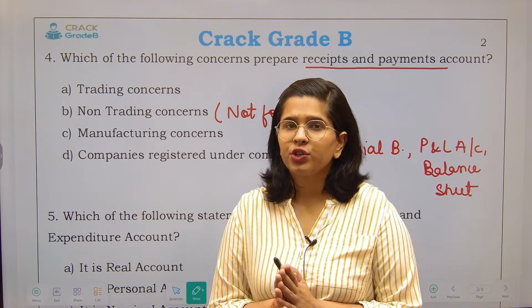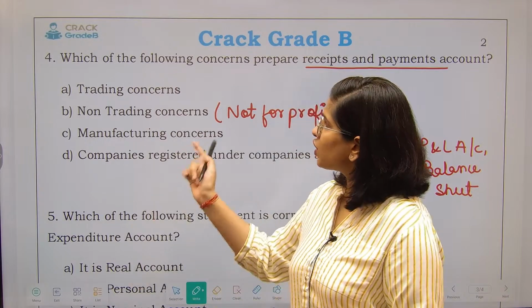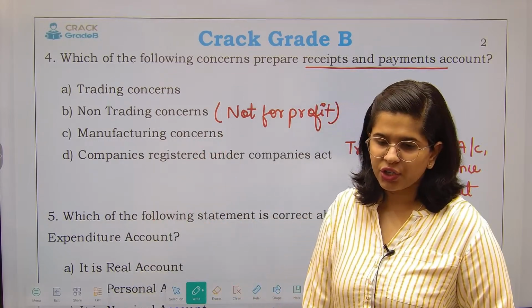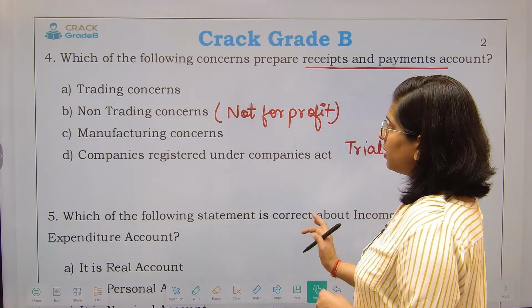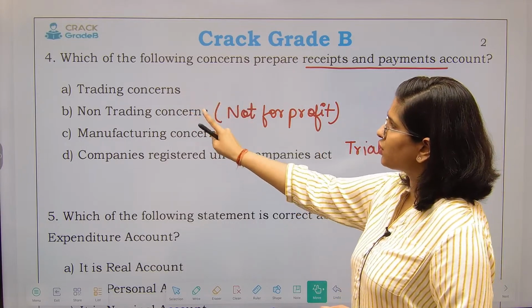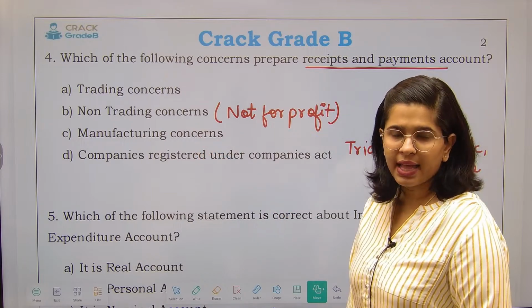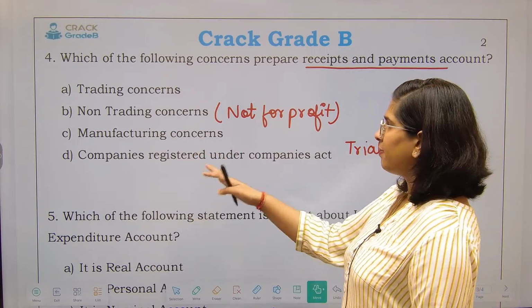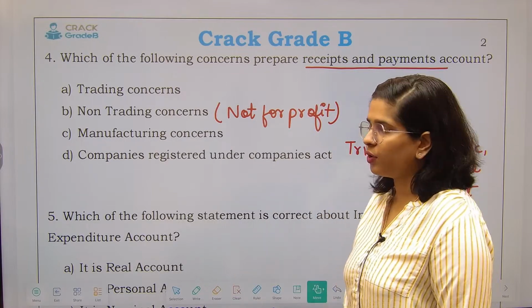So preparation of the receipts and payments account becomes crucial for such organizations called non-trading concerns, right? All three, trading, manufacturing, non-trading, get registered under the Companies Act. So the option of companies registered under the Companies Act, you could have just totally ignored.